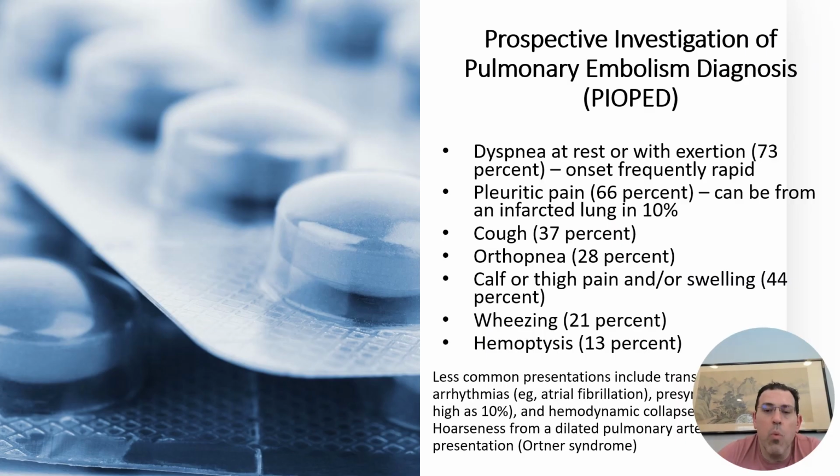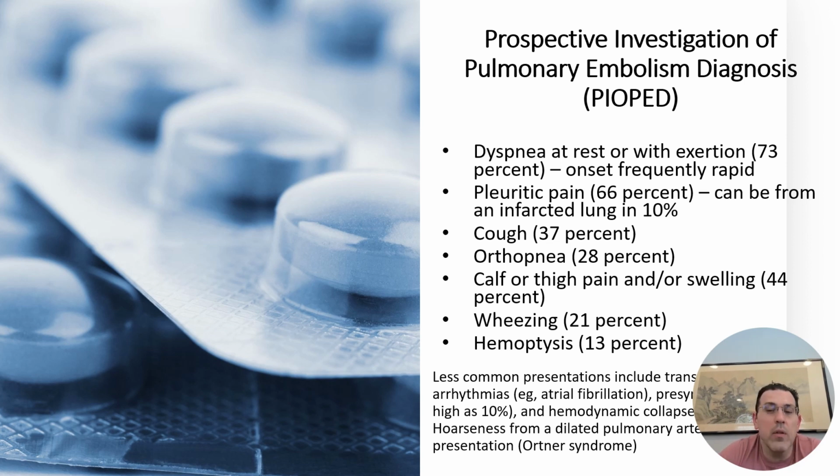In terms of the clinical presentation, there was a large study called the Prospective Investigation of Pulmonary Embolism Diagnosis. As I mentioned, the most common presenting symptom is dyspnea, found in about 73% of patients. Pleuritic chest pain was the second most common, but the other one I want to mention is calf or thigh swelling, found in 44% of patients.